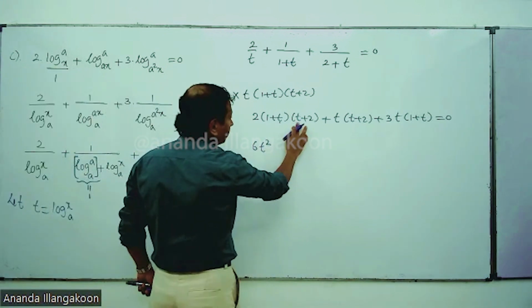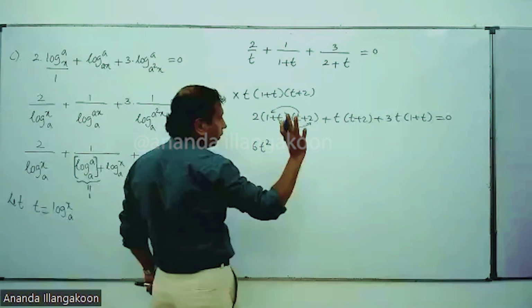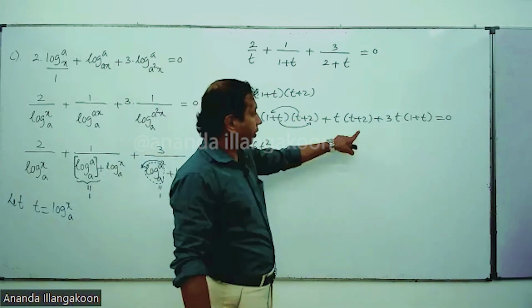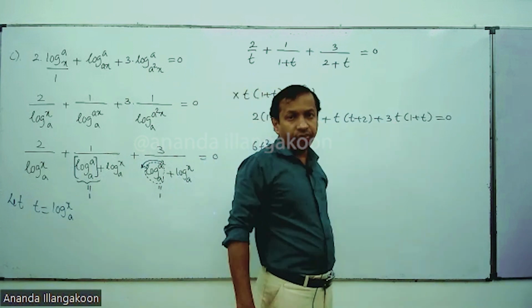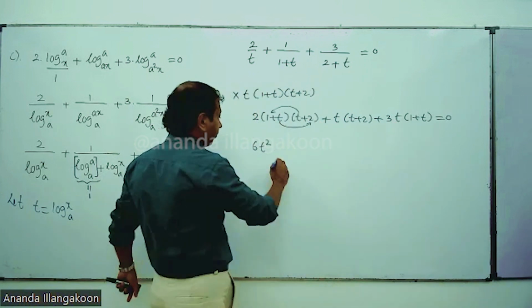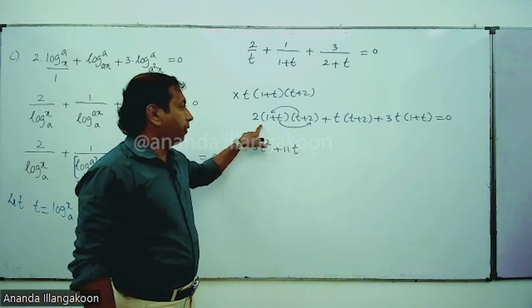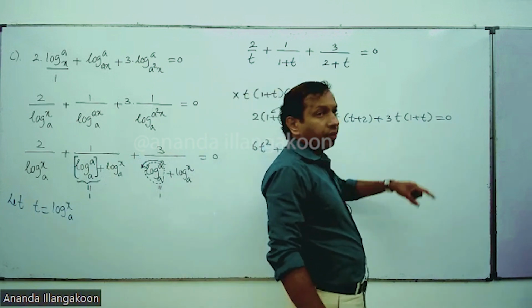What are the T terms? This and this, 2T. This and this, T. Then 3T. And with this 2, when we multiply, 6T. Here 2T, 8T. Here 3T, 11T. Correct, no? Here 6T, 2T, 8T, 3T, 11T.